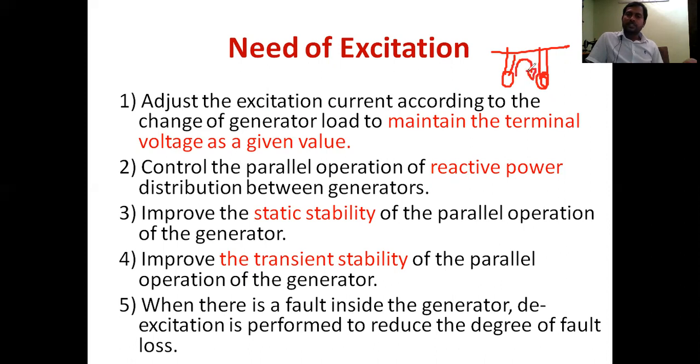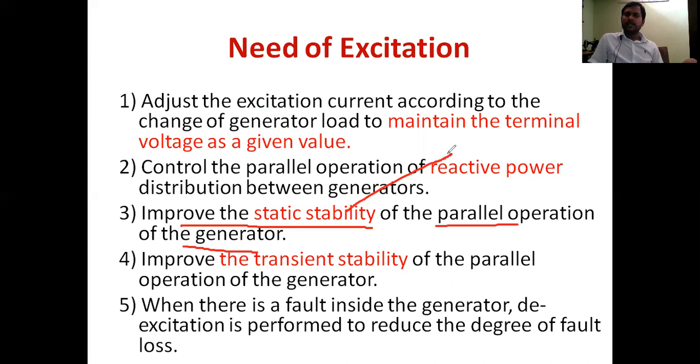As per that, the reactive power will be shared between the two alternators. Simply, if you change the excitation current, reactive power will be controlled, and that will be shared between the alternators equally.